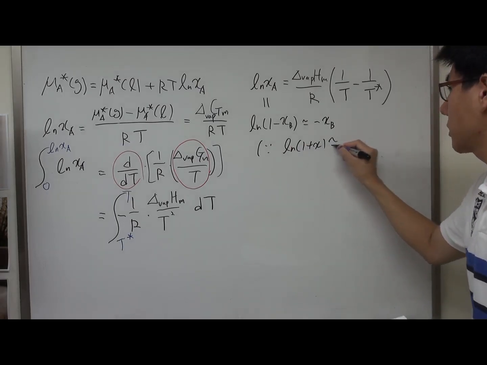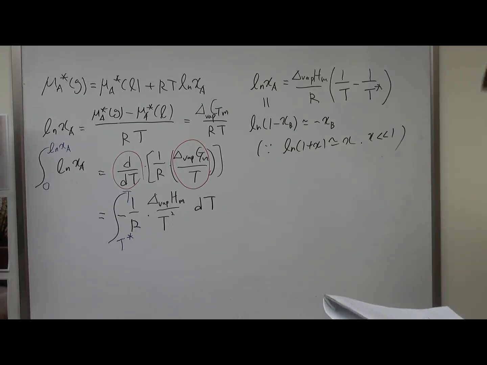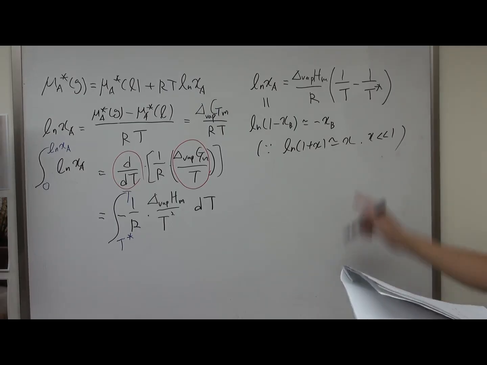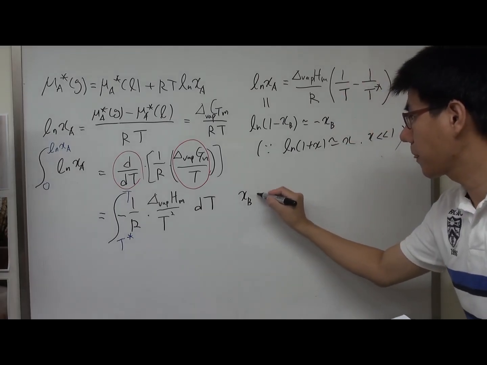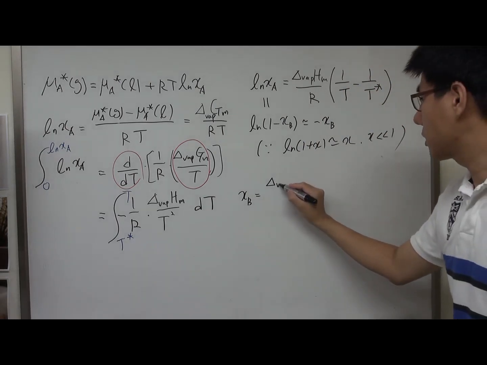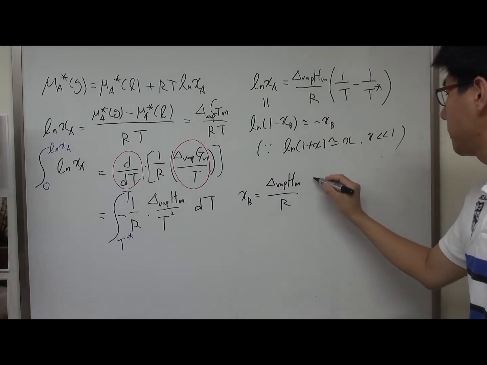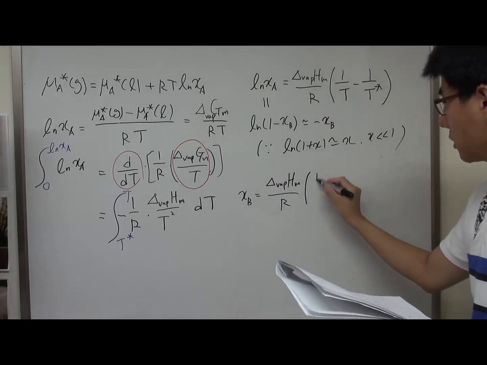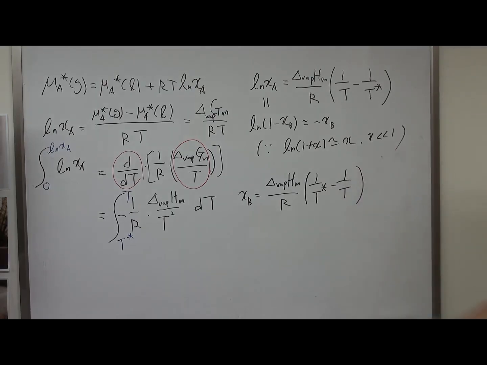When x is very small. So if you rearrange it as a function of xb, it is equal to delta vaporization enthalpy over R.